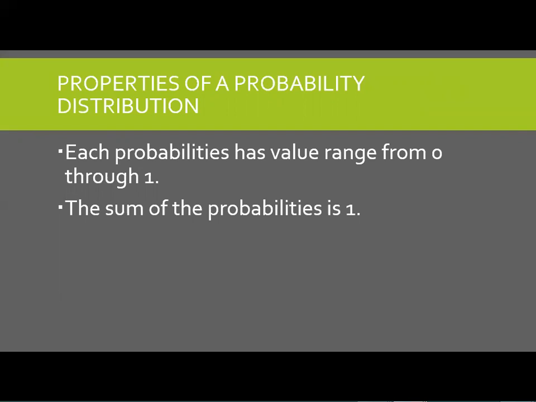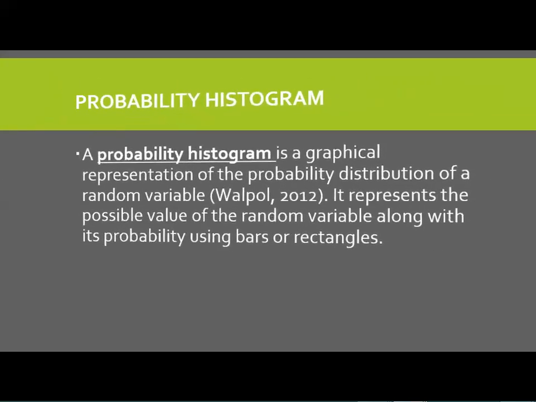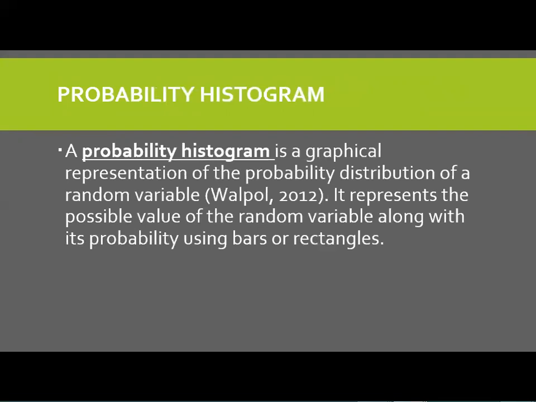Now, in addition to probability distribution, we also have the probability histogram. What is a probability histogram? A probability histogram is a graphical representation of the probability distribution of a random variable. According to Walpole, it represents the possible values of the random variable along with their probabilities using bars or rectangles.